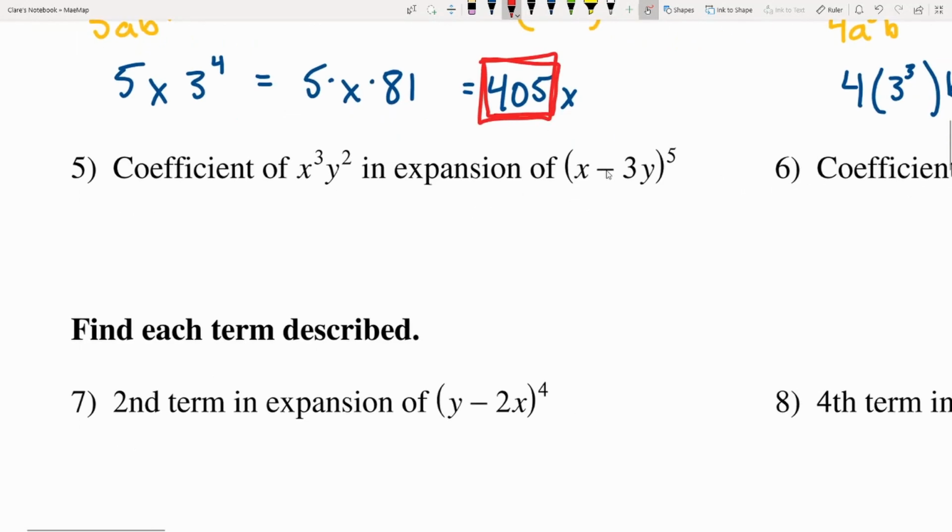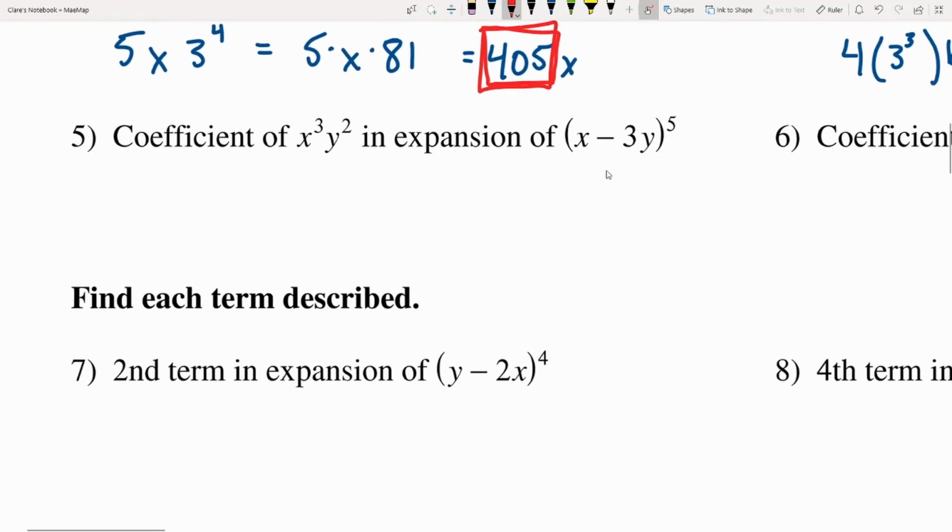Moving on to number 5, it's getting a little bit trickier. We're going to find the coefficient of x cubed y squared. So our a value is x, our b value is negative 3y, and our n value is 5. I'll write this one out. A equals x, and b equals negative 3y, because our form is a plus b, so when we're subtracting, that's going to be a negative b.